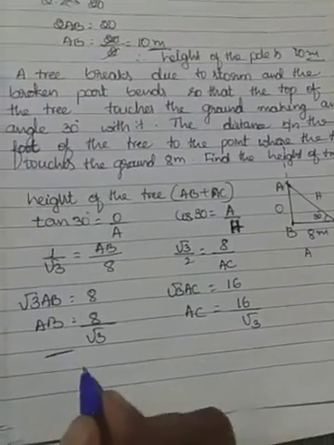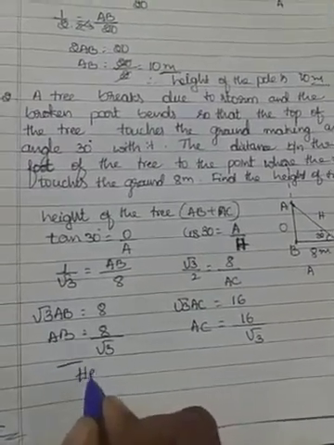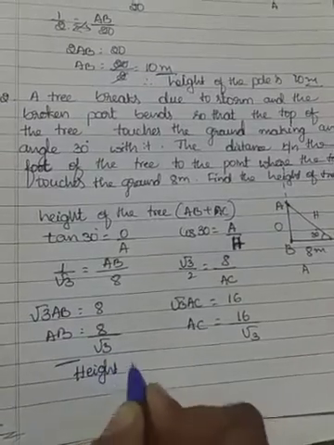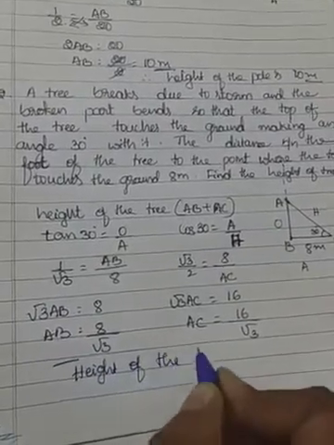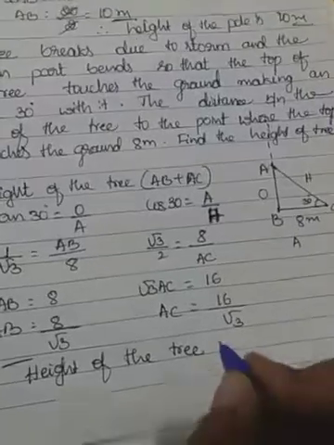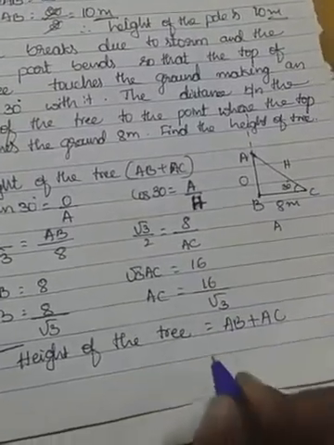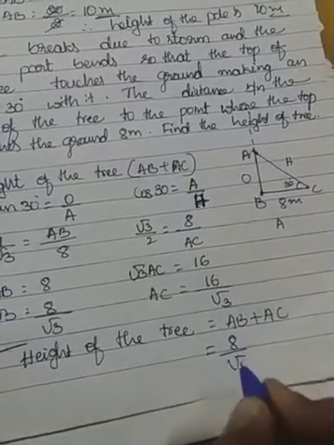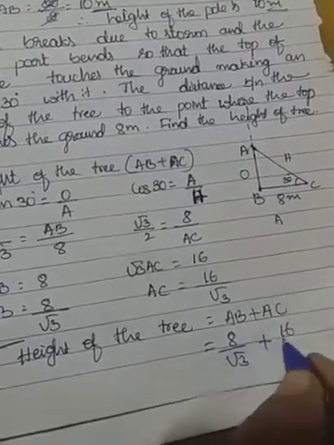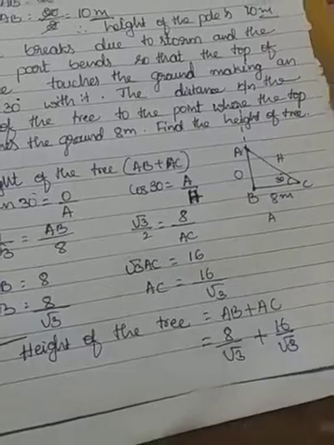Then height of a tree is both. I mean we want to add both. So that is height of the tree equal to AB plus AC. AB is 8 divided by root 3 plus AC is 16 divided by root 3.